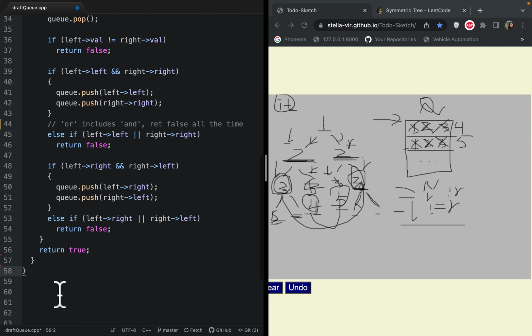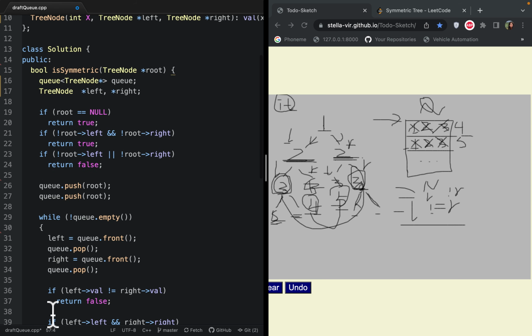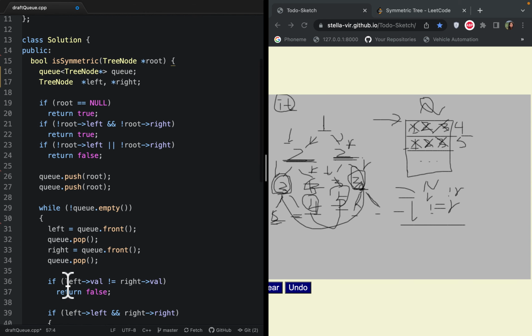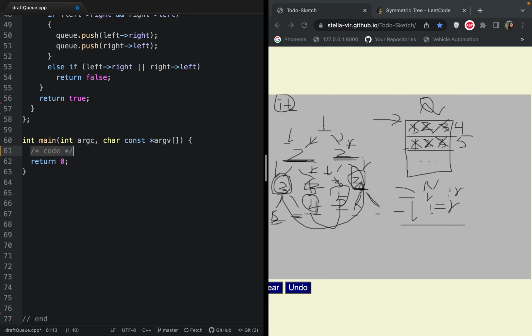Let's put this into the main function and print it out. So we need to construct a node. Let's use the first three as an example test case, where the first value 1 is the root, the second value is 2 and the third value is 2.